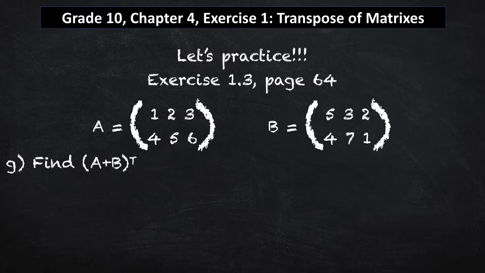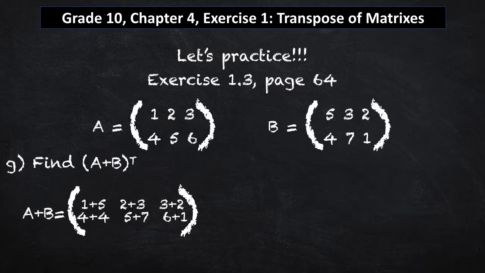In the next question we have to find the transpose of the matrix A plus B. So first we have to compute the matrix A plus B and then we will transpose it. So A plus B will be a 2 by 3 matrix because A and B are both 2 by 3 matrices, and in the elements we will find the sum between the elements that are in the same position.